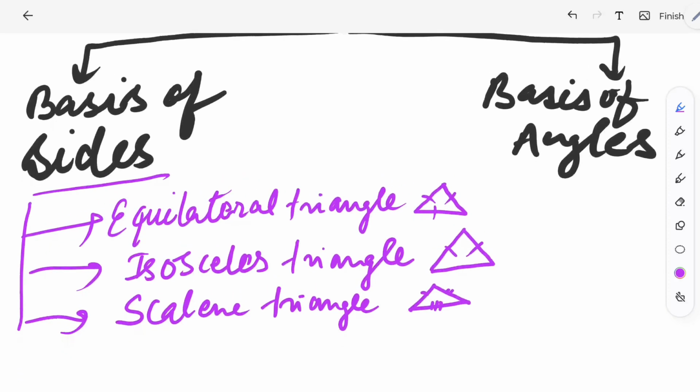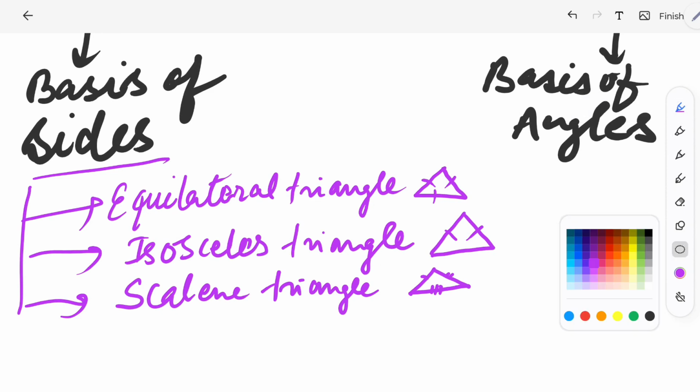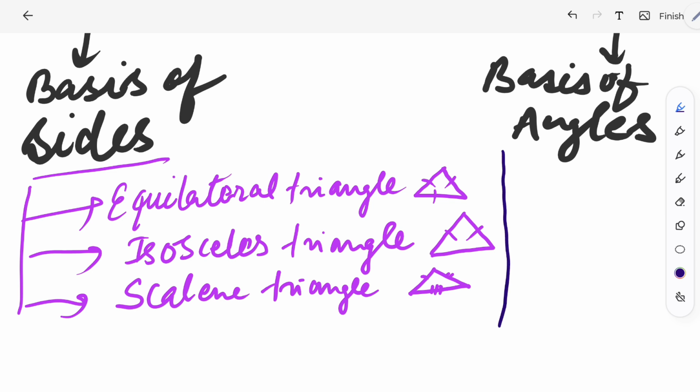Now the other one is on the basis of angles. On the basis of angles, there are also three categories of triangle.